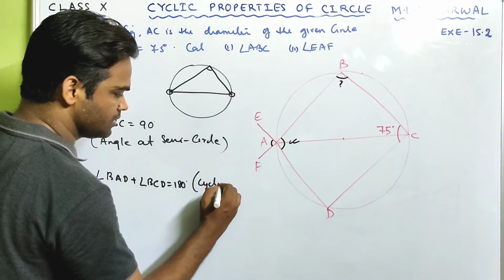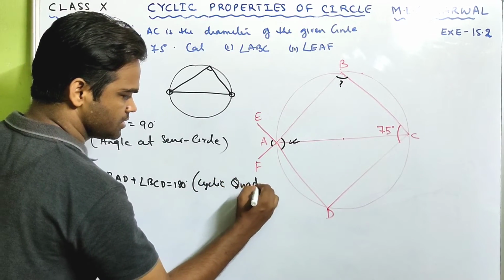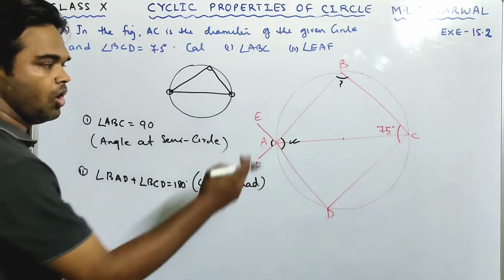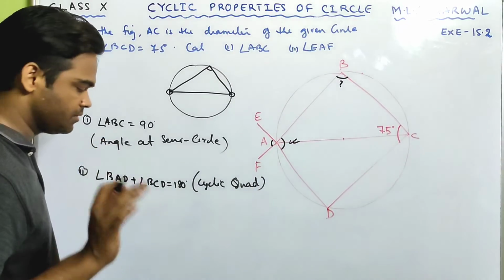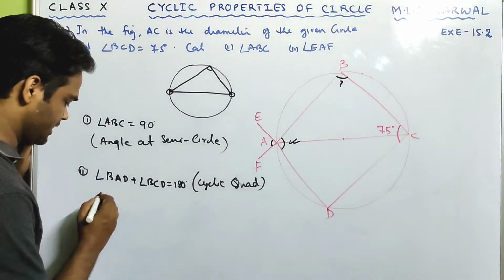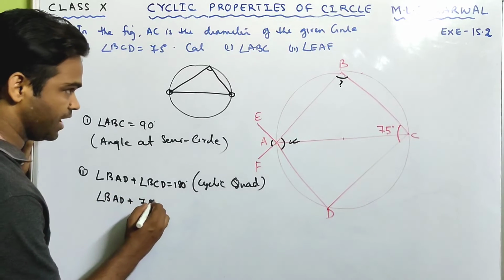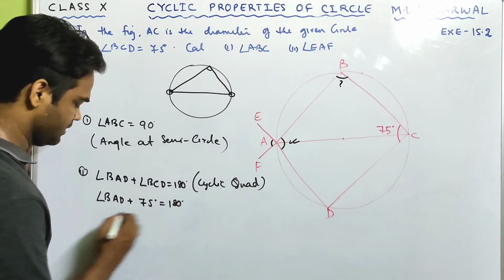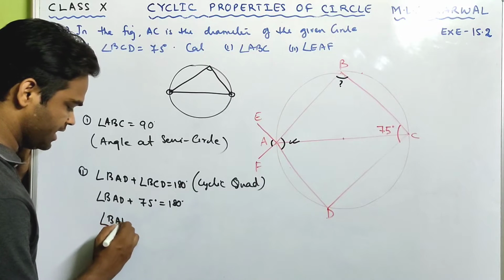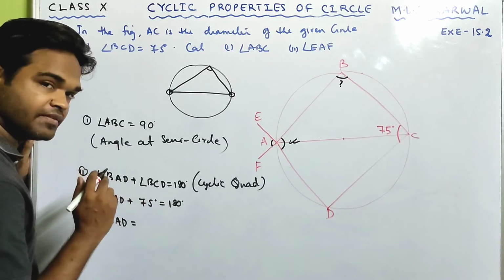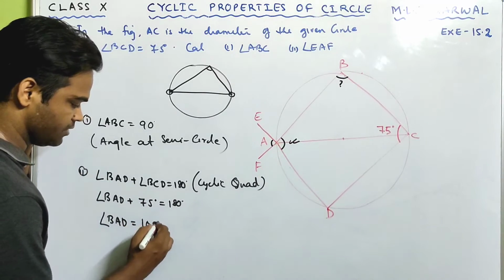It is a property of a cyclic quadrilateral, opposite angles are supplementary to each other. So how much will angle BAD be? Angle BAD plus 75 is equal to 180 degree, which means angle BAD will be 180 minus 75, 105.